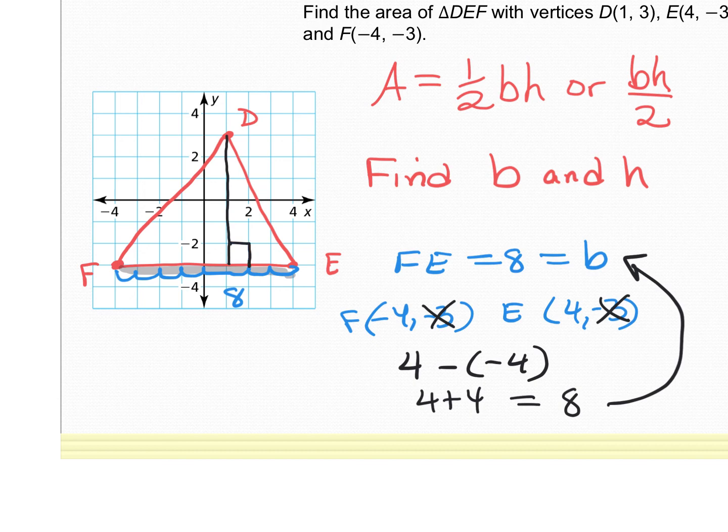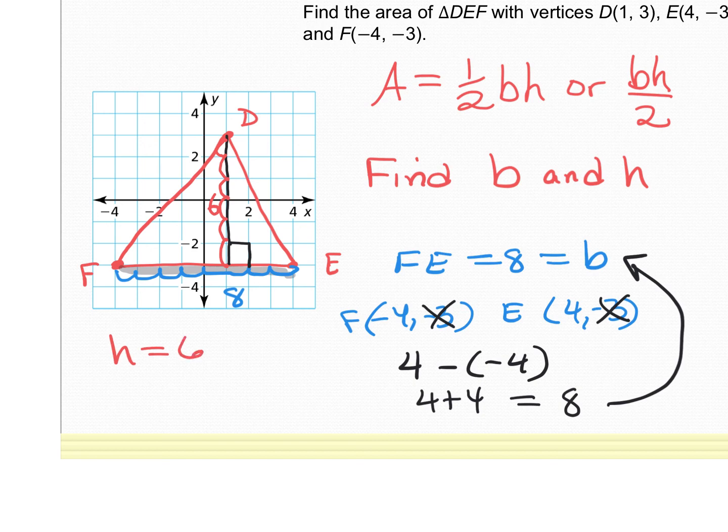So the height I could draw in there, and now I could just count the squares. So the height of my triangle is going to be 1, 2, 3, 4, 5, 6 units tall. So the height is 6.